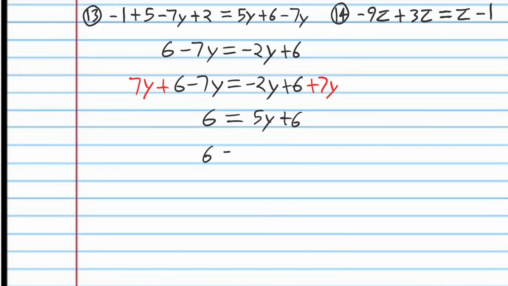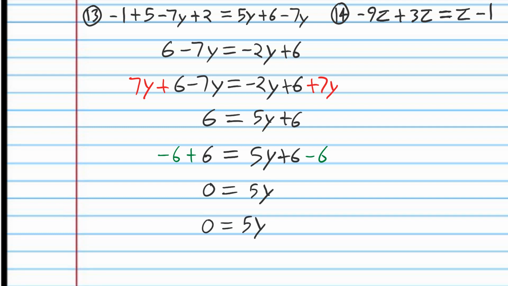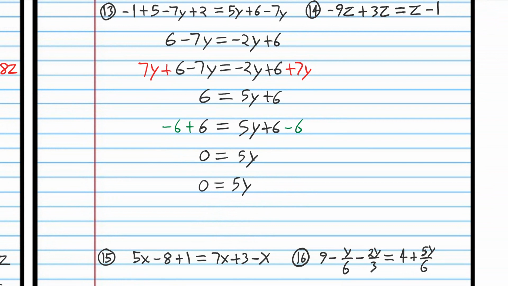So we're about to perform an operation on both sides of the equation. Rewrite. And we're going to subtract 6 from both sides of the equation, and we're going to be left with 0. So now we're going to rewrite, and we're going to divide both sides by 5.